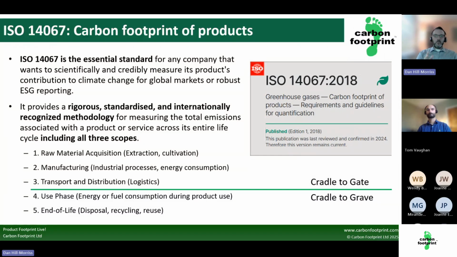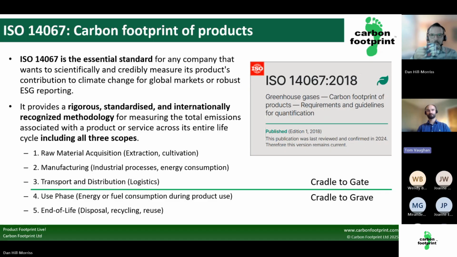So if you're somebody who is thinking about assessing the footprint of your products, looking at getting this done for your products, certainly this is the way to go. Tom, why is 14067 so important? Well, it's basically universally recognized. It's the standard for product carbon footprints.